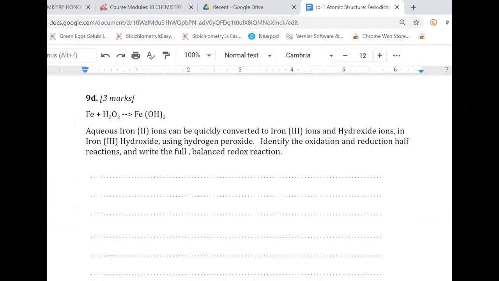Okay, so the next part is the redox reaction. And the first part of the redox reaction is saying iron 2 can be converted to iron 3. So there is our first change. We have iron 2 being converted to iron 3. And I can see that that is the loss of 1 electron, so that is oxidation.